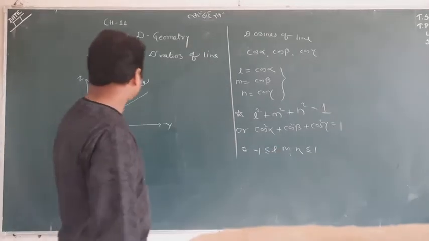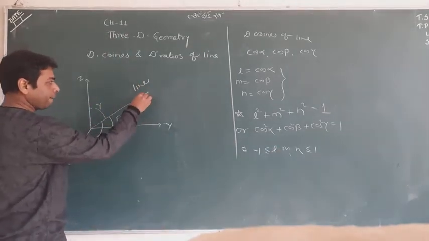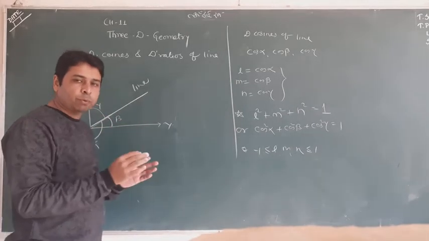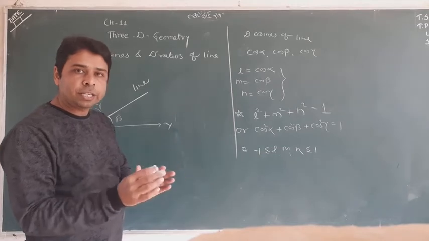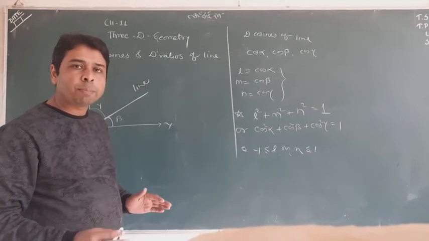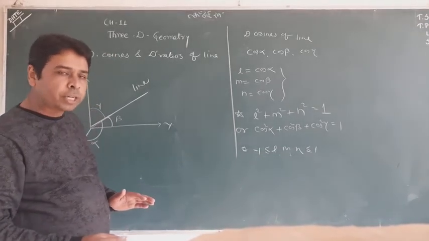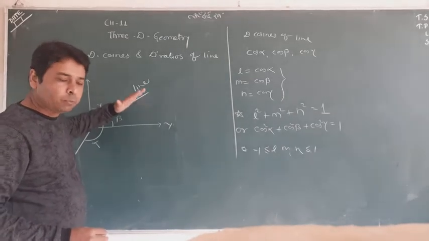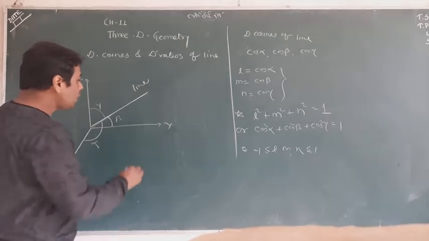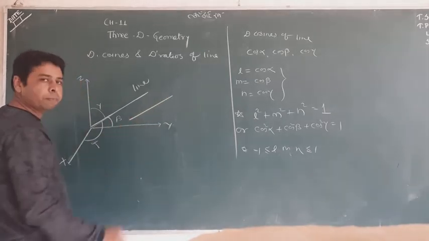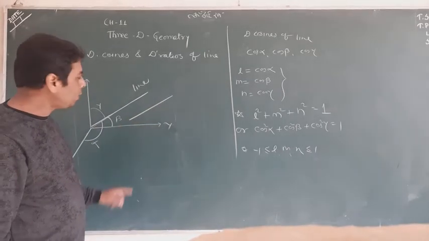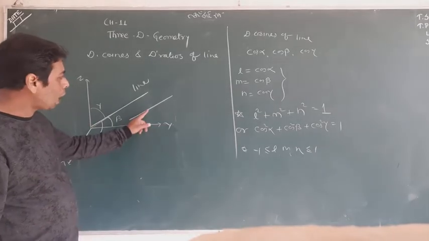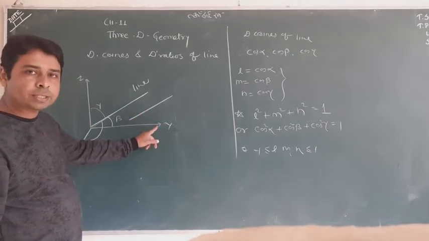Third thing, this is a line which is making angle beta with the y-axis. For convenience, the angle made by the line with the y-axis is beta. If I take its parallel line, even if this line is not passing through the origin, what angle is it making with the y-axis?